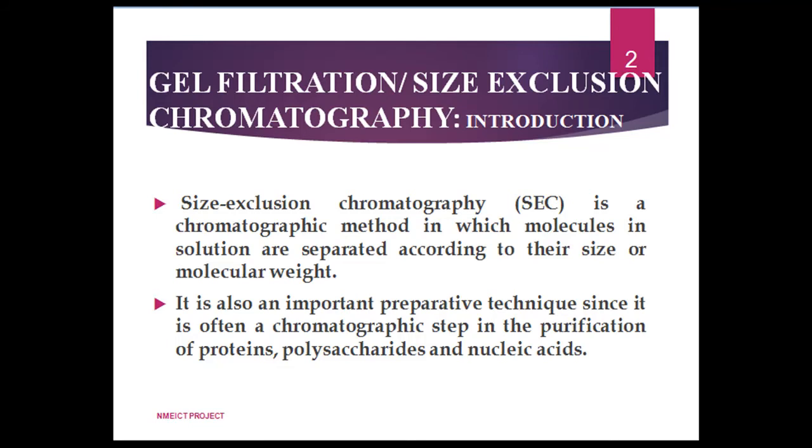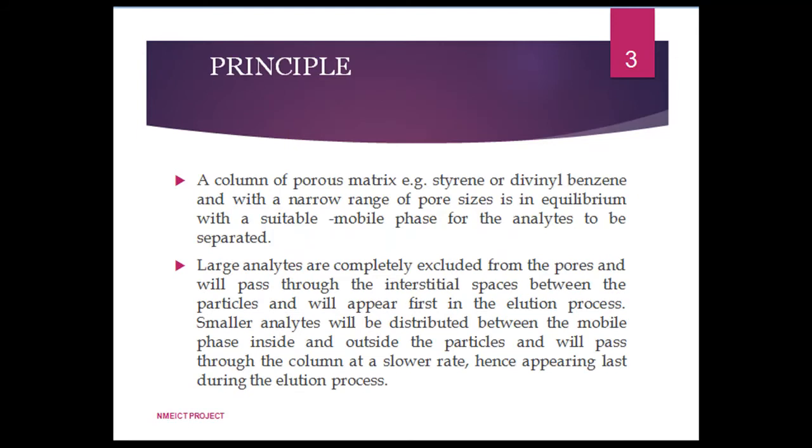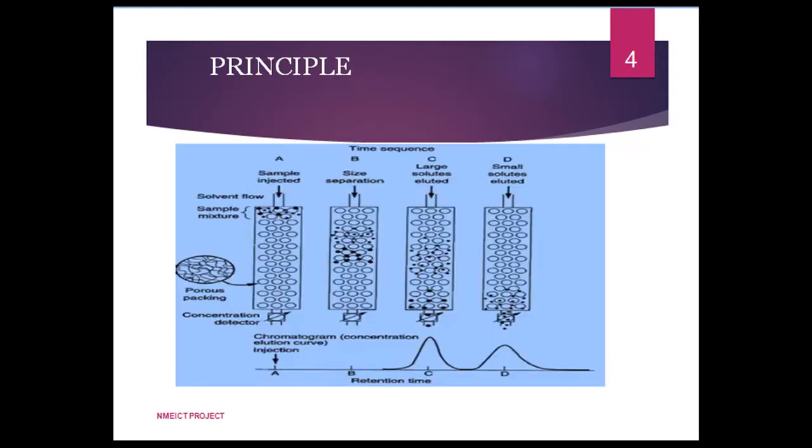The general principle of size exclusion chromatography is simple, as described in figure 1. A column of porous matrices, for example styrene or polyvinyl benzene, with a narrow range of pore size, is in equilibrium with a suitable mobile phase for the analyte to be separated.